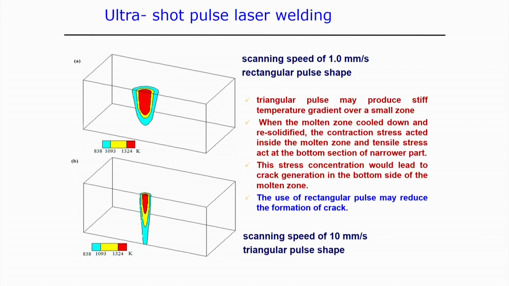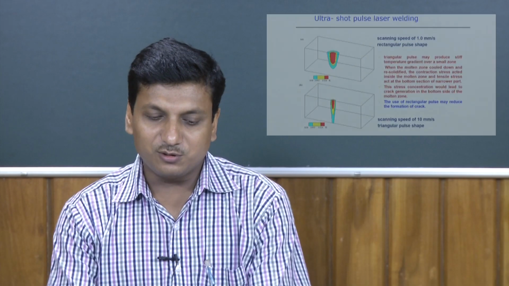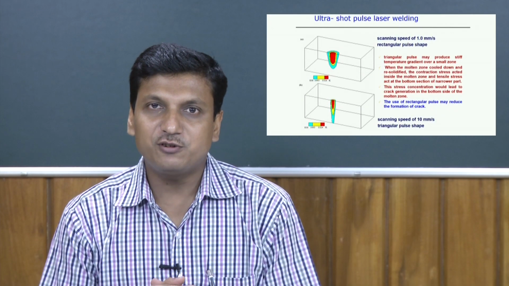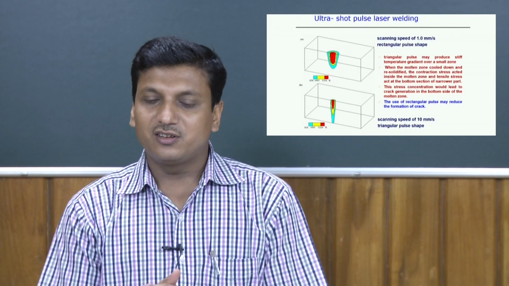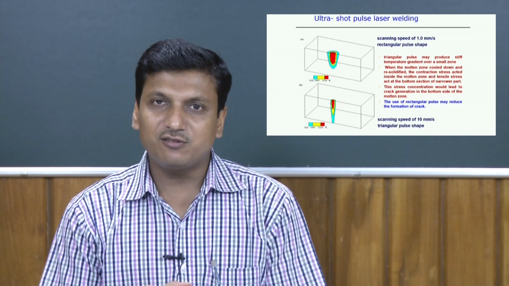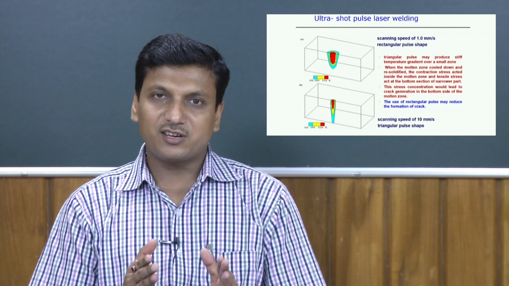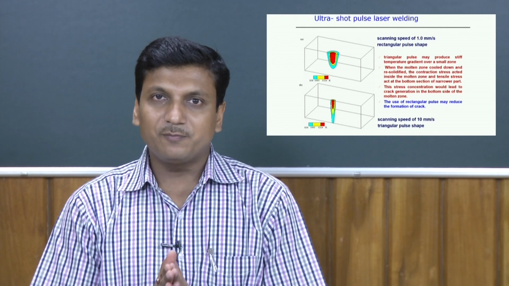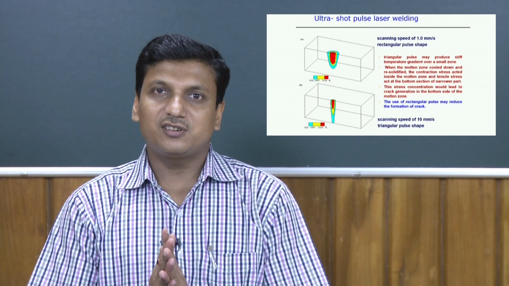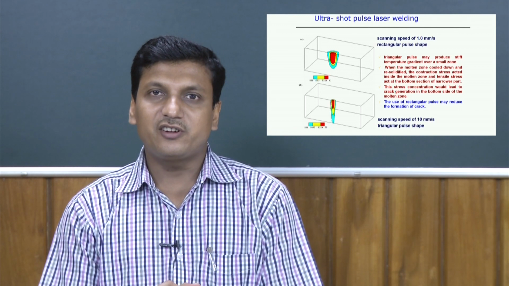So, that stress concentration can lead to crack generation, specifically at the bottom side of the plate. So, in this case if we try to avoid the crack formation, probably the rectangular shape of the pulse is more suitable, because the rectangular pulse produces the least temperature gradient as compared to the triangular shape of the pulse.